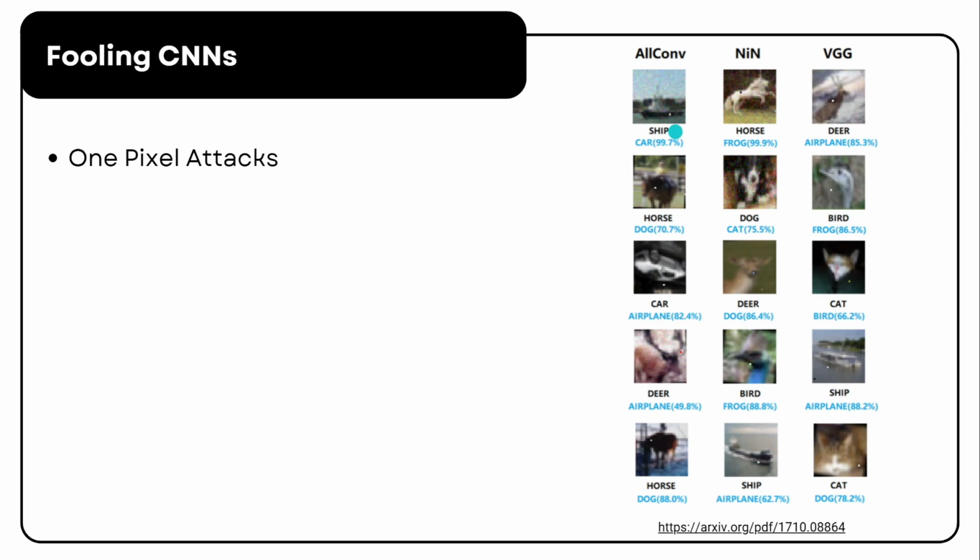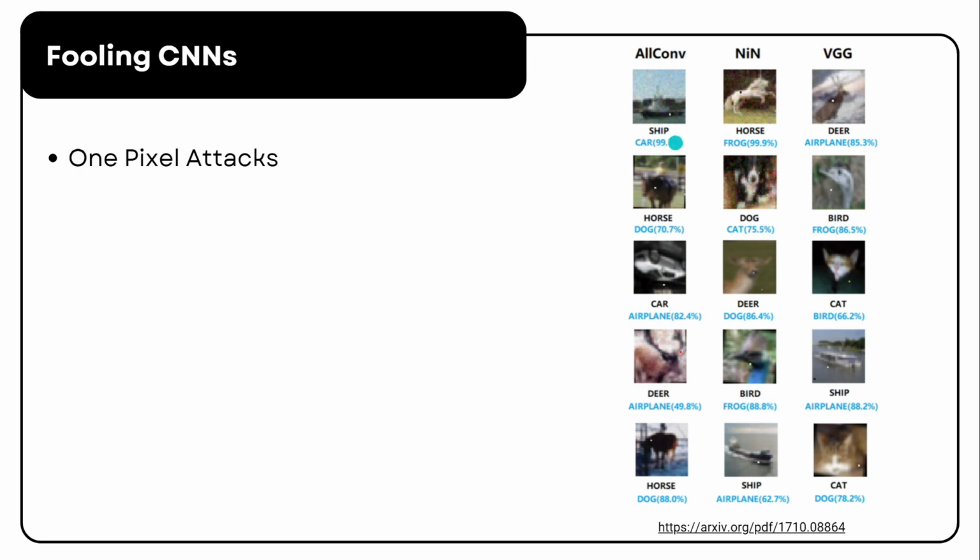In one case, changing a single pixel causes the model to classify a ship as a car with 99.7% confidence. As you can see here, we have this one pixel attack, and it misclassifies it as a car with 99.7% confidence. That's a massive misclassification from a tiny tweak.